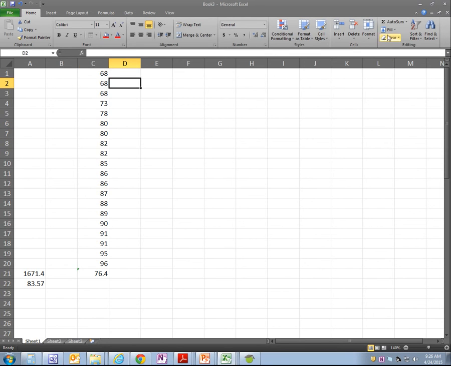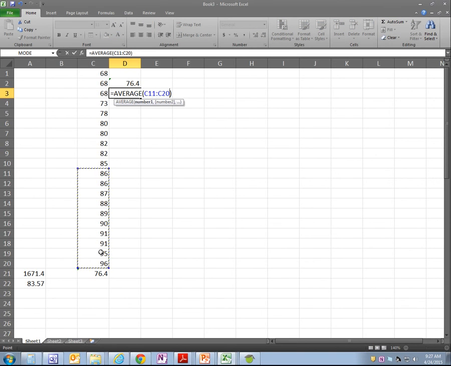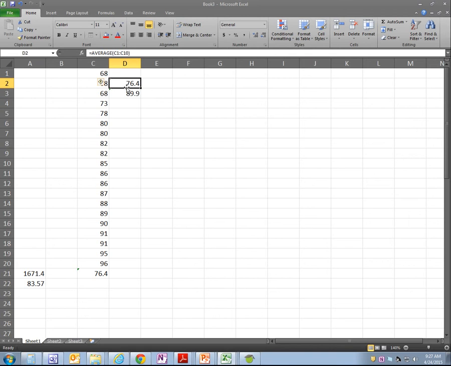Let's do the average of these numbers. The average of these numbers is that. So somebody write down this number here, 76.4, and then 89.9, please.